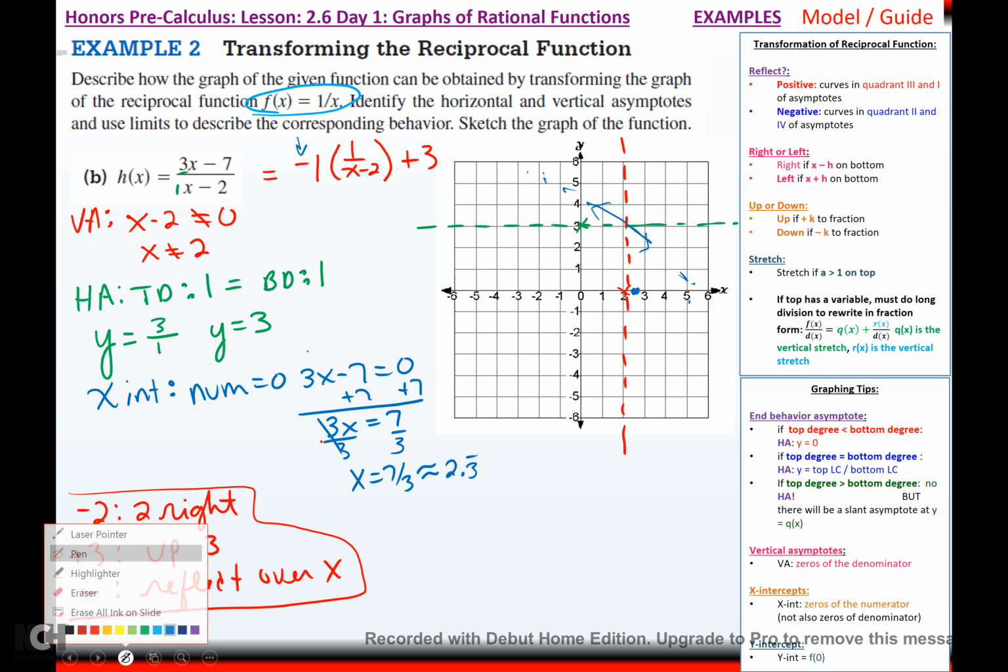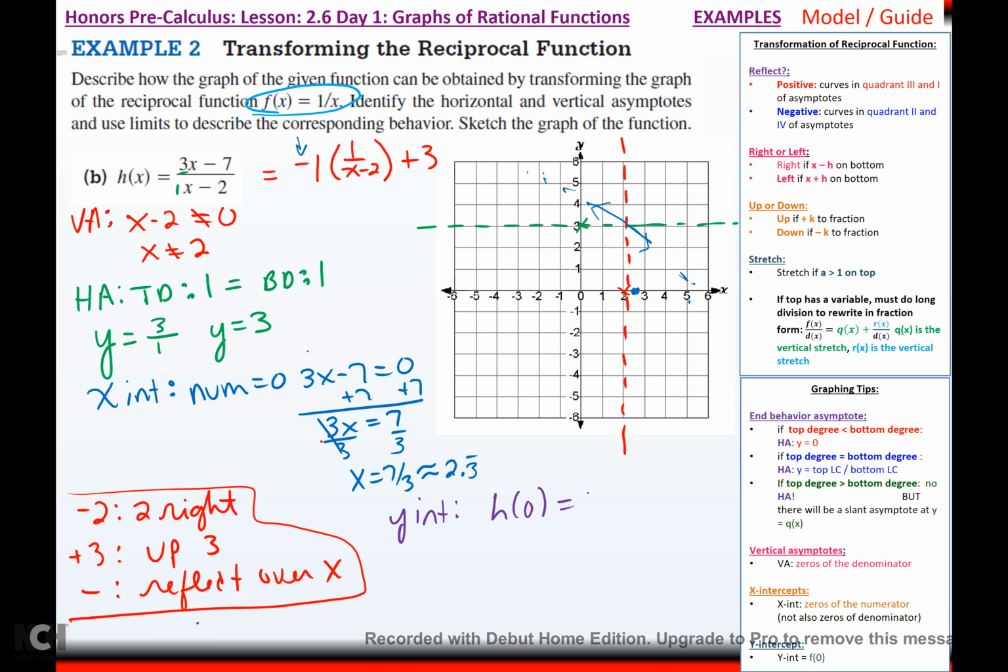Now I'm going to find my Y-intercept. To get my Y-intercept, we find h of 0, which is going to be 3 times 0 minus 7 over 0 minus 2. That's going to be negative 7 over negative 2, which is positive 3.5. So it's going to cross the y-axis at 3.5.